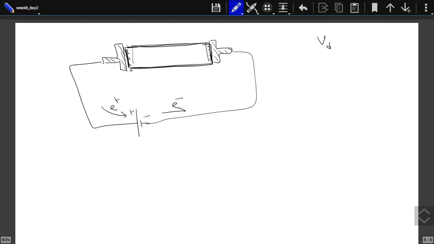And this will continue until the drift velocity will be taking electrons from one side to the other side. So the electric field will increase and increase until the drift velocity becomes such that for each electron that leaves the battery and comes here, there will be one electron that passes from this side to the other side.